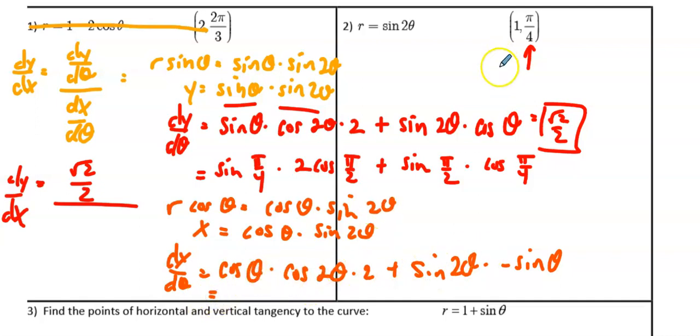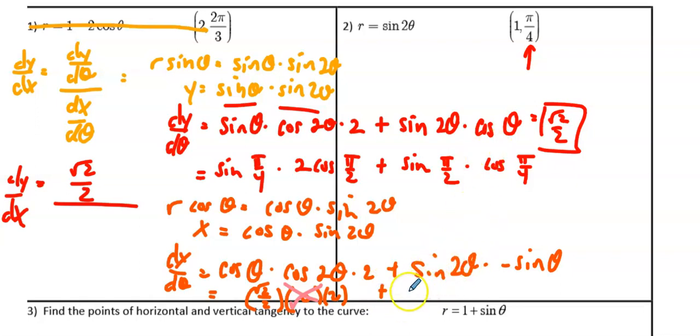So we're going to start plugging values in. We're going to get the cosine of pi over 4. And let's go ahead and just save us some time here. The cosine of pi over 4 is just going to be the square root of 2 over 2. Cosine of pi over 2 is 0. So just like in the previous example, this goes away. So we just look now at our right-hand side here. And we get the sine of pi over 2, right?